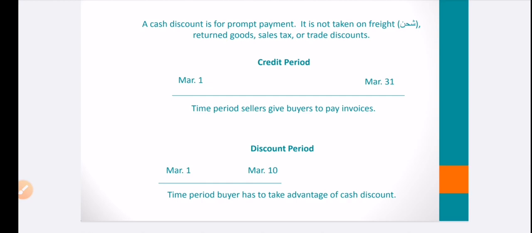The credit period that I mentioned, for example, for 1 month or for 30 days, in this example starts from the 1st of March until the 31st of March, but you can take a discount if you pay from 1 March until 10 March, as shown in the second part.